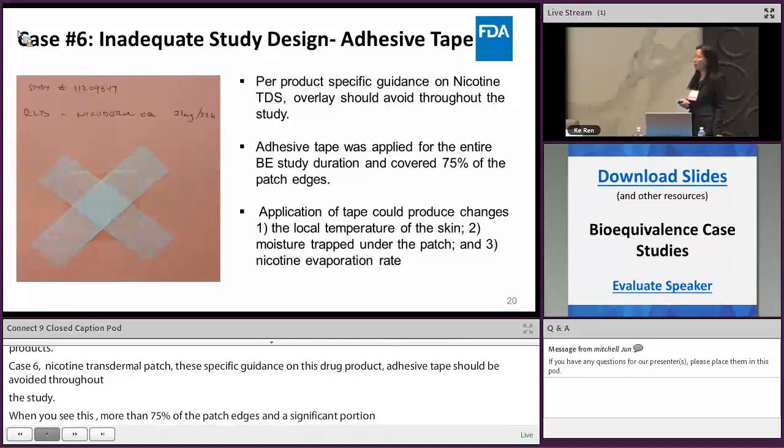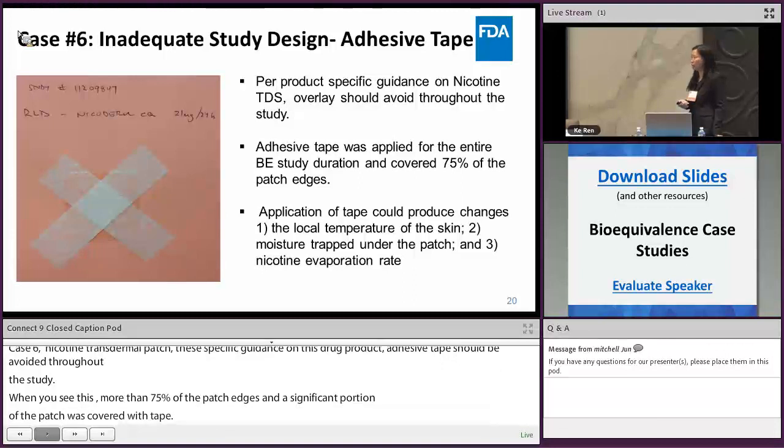The tape could produce certain changes for the physical properties, such as the local temperature of the skin, moisture trapped under the patch, and the lictin evaporation rate.